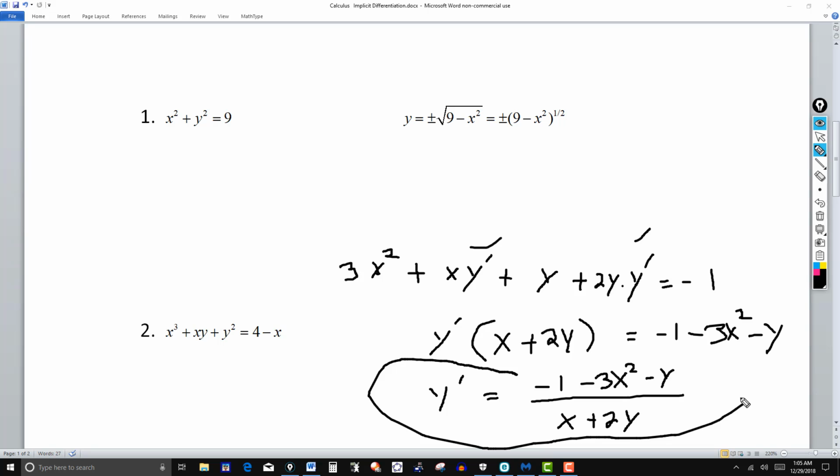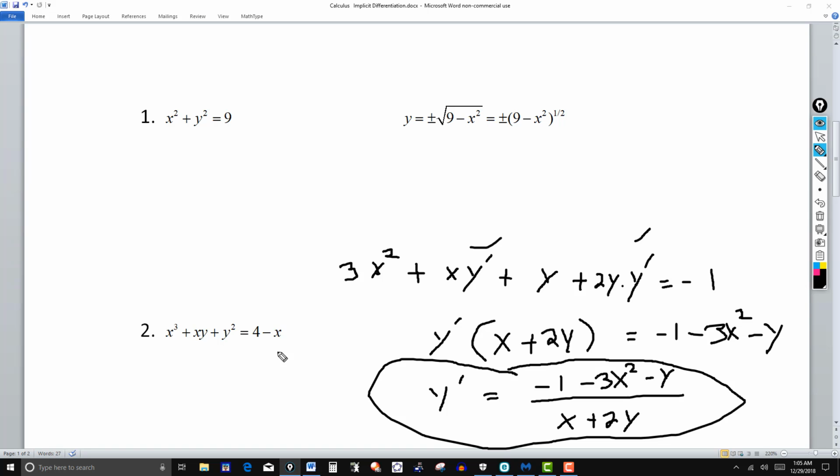So again, the basic steps in computing the derivative implicitly is simply take the derivative term by term, left side and right side. If it's terms involving x, use your standard formulas. If it's just a y by itself, it's y prime. If it's y to a power, then you have to use the power rule on that formula.